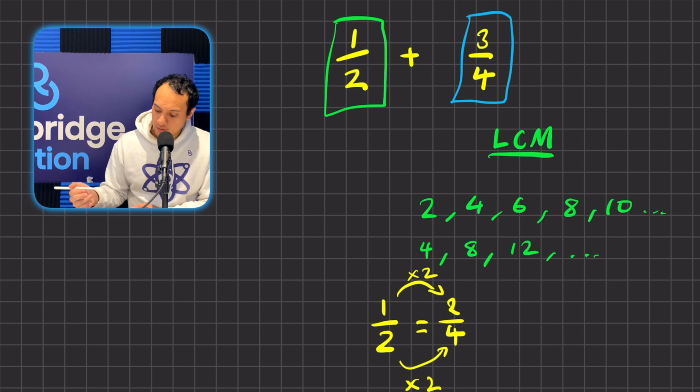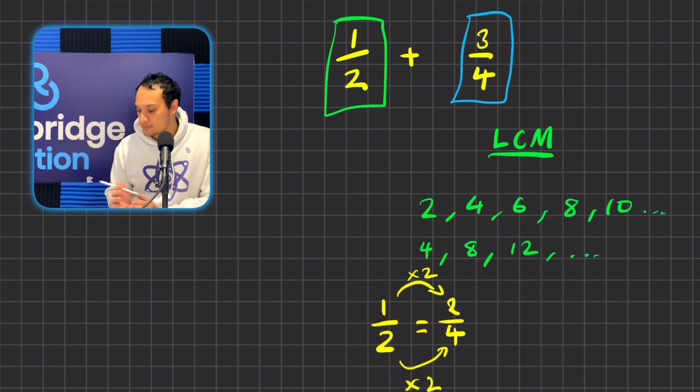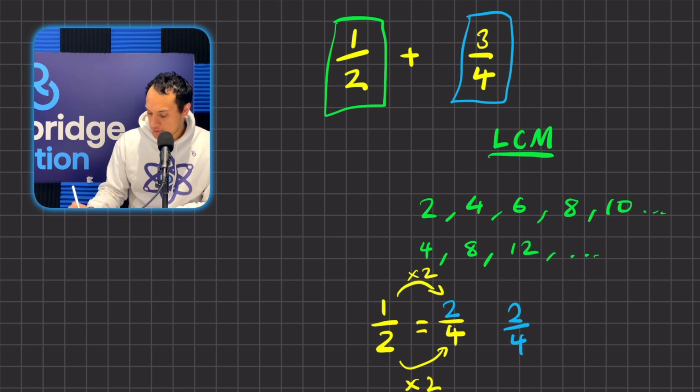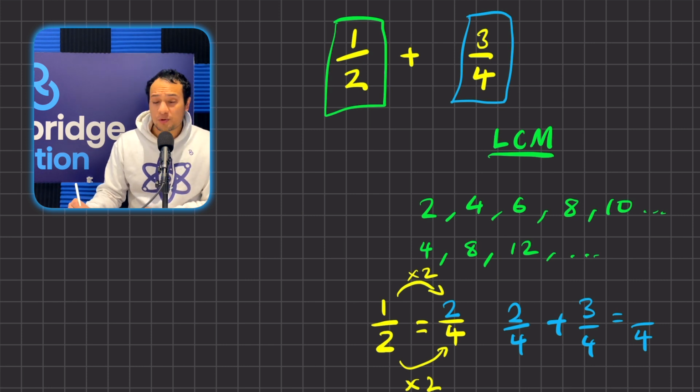Well, now I've got my two equivalent fractions. I can add them together by adding the numerators. 2 over 4 plus 3 over 4 equals... Notice how the denominator stays the same. Very important. If you don't remember how to add fractions with the same denominator, check out this video here.